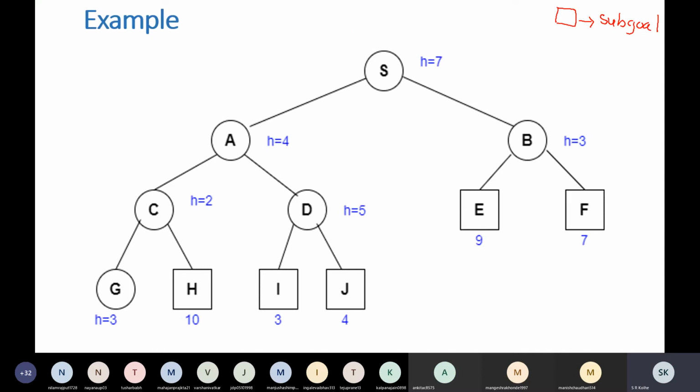So what will it generate? A and B, because this is given. How will you come to know only 2? Because this is given. So it will generate A and B. This is A. This is B. Initially, the H cost associated with S is 7.